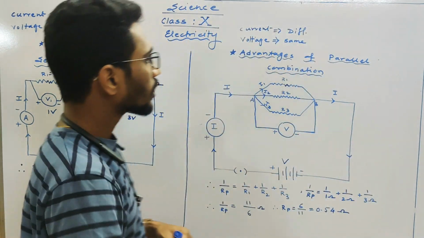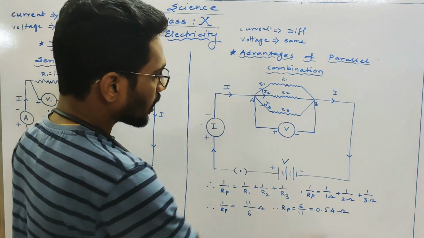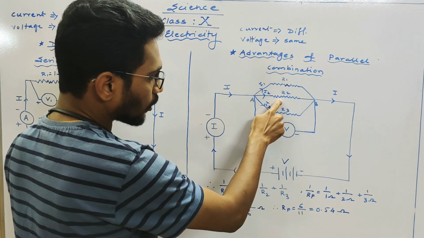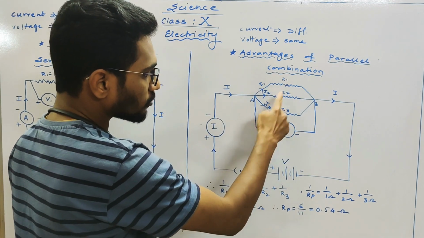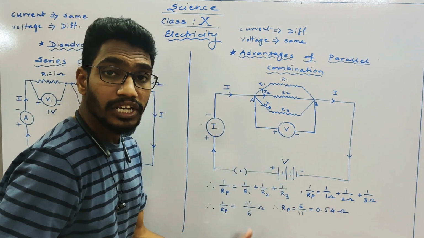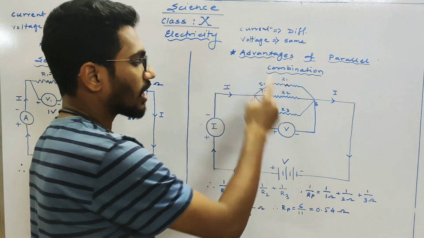But in the case of parallel combination, what are the advantages? See, across R1 voltage V, across R2 voltage V, across R3 voltage V. So whatever the voltage is provided by the battery, the same voltage is provided for R1, R2 and R3.